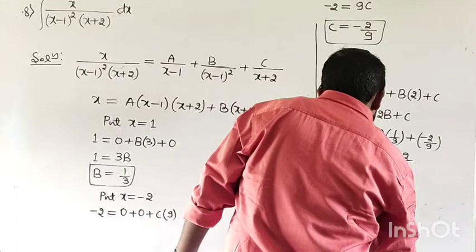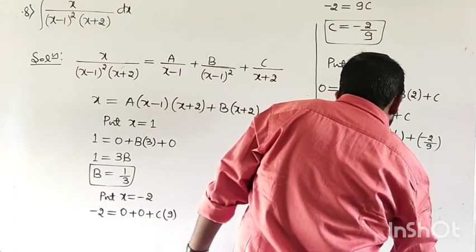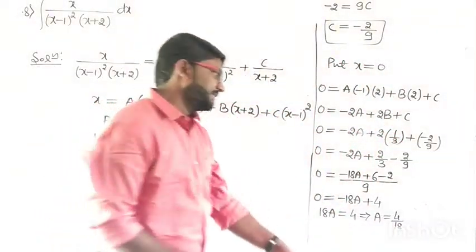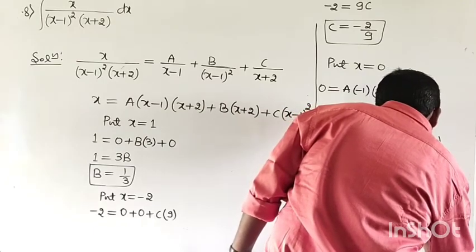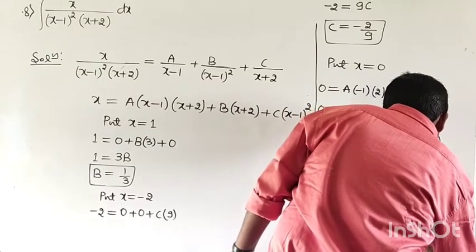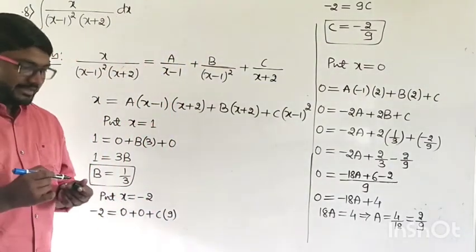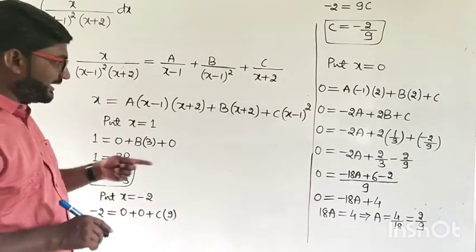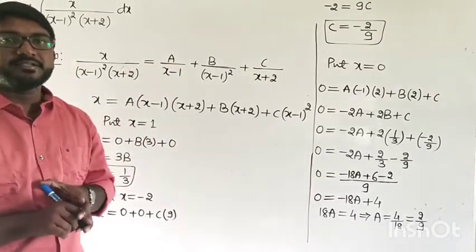This implies a is equal to 4 divided by 18, 2 2s are 2, 9 2s are 18. So we get 2 divided by 9. So the value of a is 2 by 9. We have got all the three values now. The value of a is 2 by 9, the value of b is 1 by 3, the value of c is minus 2 by 9.